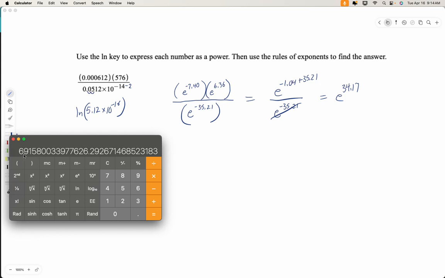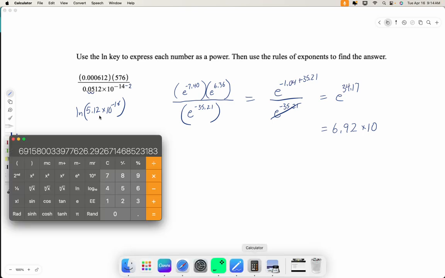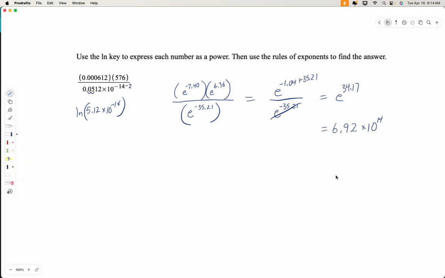So that would be 6.92 times 10 to something. Let's see what that something is, right? 1, 2, 3, 4, 5, 6, 7, 8, 9, 10, 11, 12, 13, 14. And that's the right answer. This is our final answer.